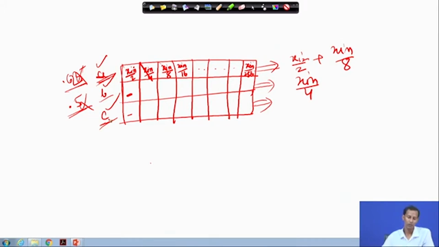Reconfigurable architecture means the same architecture can accommodate different values of A, different values of B, different values of C. So, how can we design a circuit where any of the values of A, B, C can be accommodated?